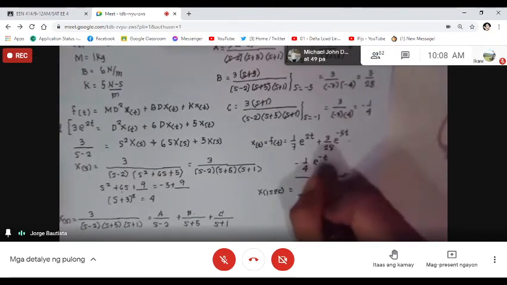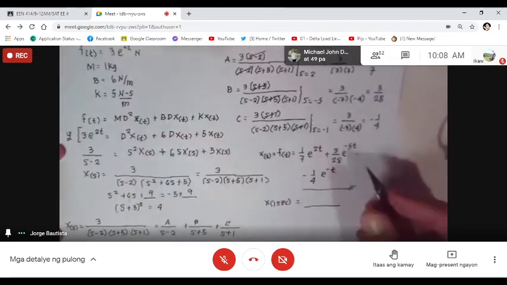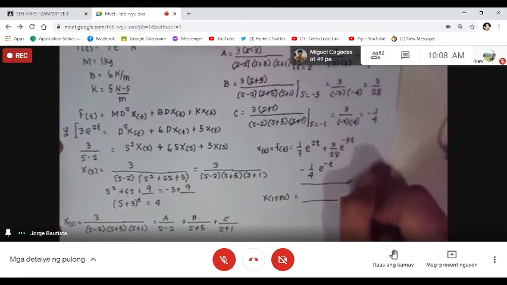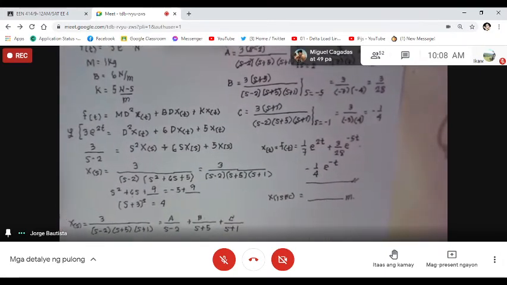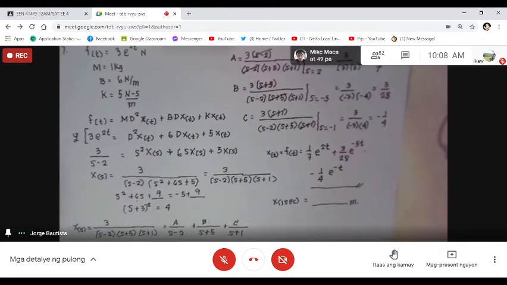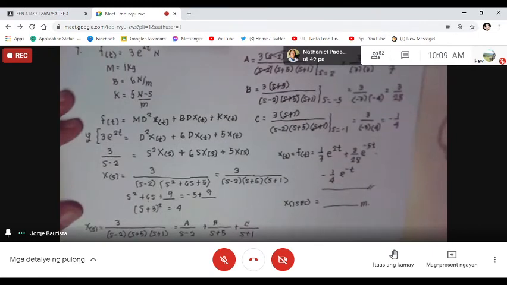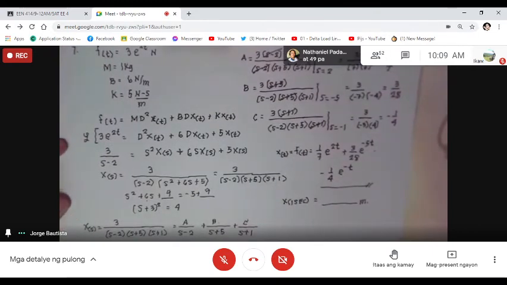Then, since meter yan, so meter. Okay? Meter yung length. Okay, so that's number 7.